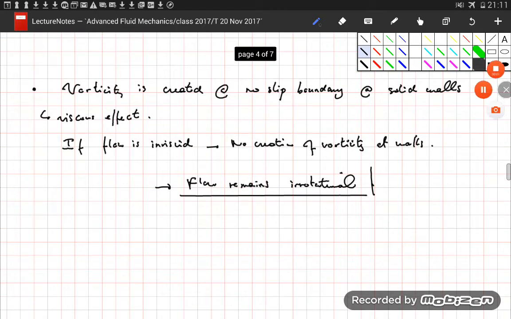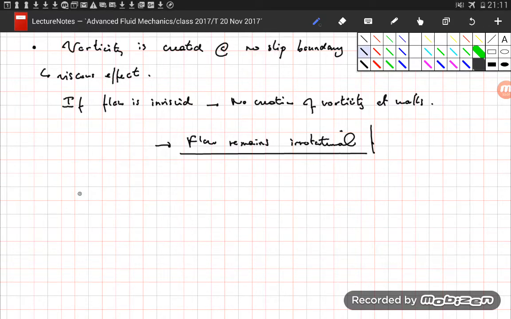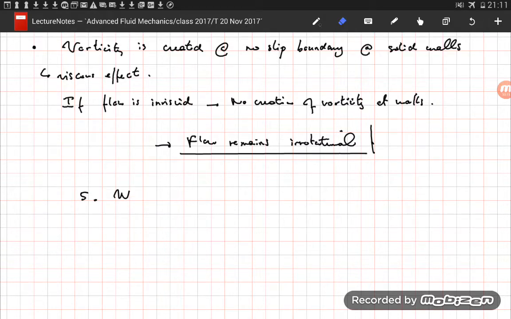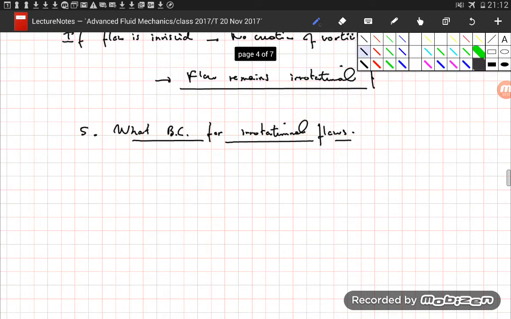Okay. Now the last point which I want to discuss for irrotational flow is, if we have an irrotational flow, what boundary condition do we impose at walls? So what boundary condition for irrotational flows? Now whenever we'll be talking about irrotational flows, if the flow is irrotational and incompressible, we've seen that it is inviscid, and therefore we cannot impose a no-slip boundary condition.